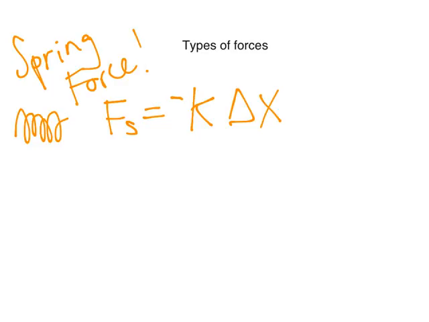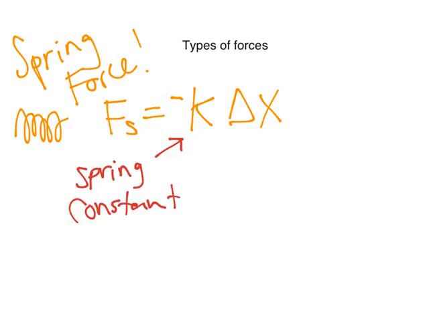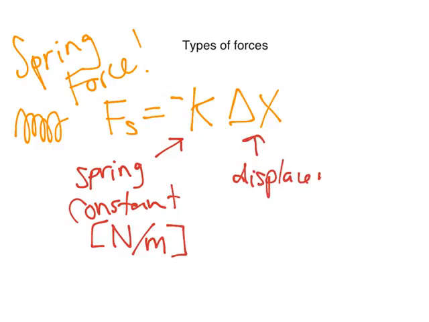So this is called the spring constant. It's a little different from a coefficient because it does have units. The coefficient does not. So it's newtons per meter. And this, of course, is the displacement, how far it's gone, and this is in meters. So there's really not much more to go into the spring force, right? The more you push it, the harder it pushes back.